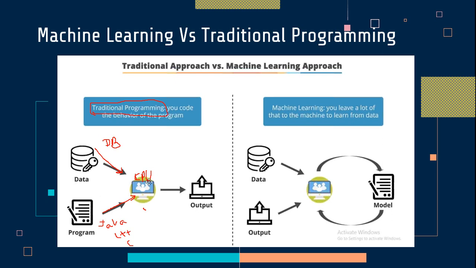What does the CPU perform? The CPU converts this program into binary format, 0-1, which the machine understands, takes the data from the DBMS or database, and whatever output you want, you can display here.